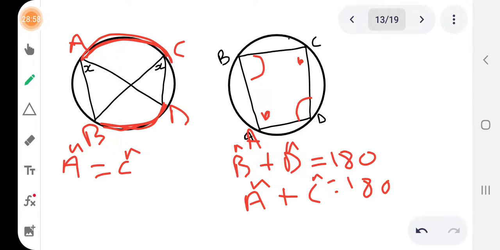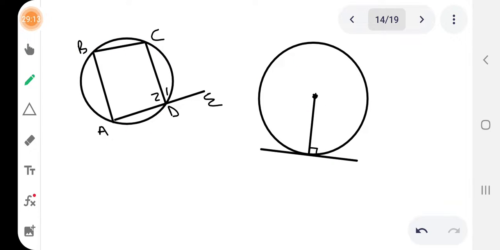Remember, opposite angles of a cyclic quad are supplementary, or equal to 180 degrees.